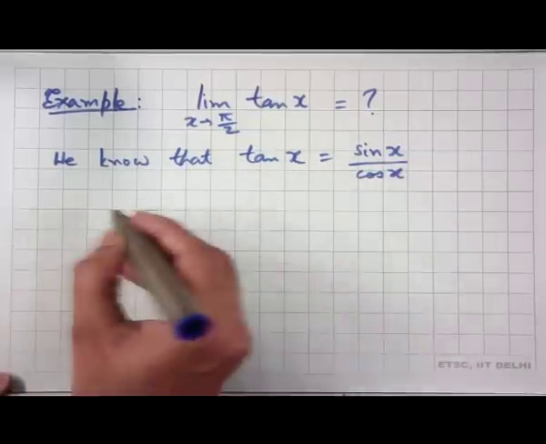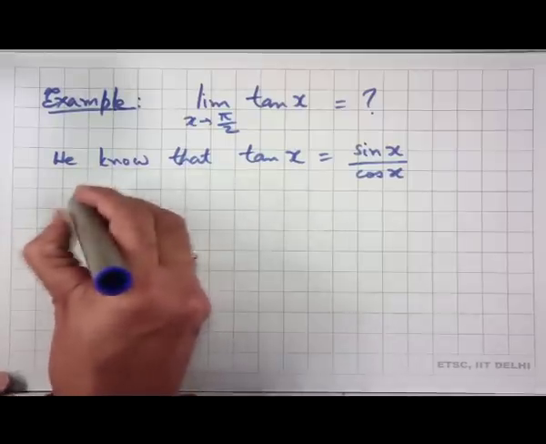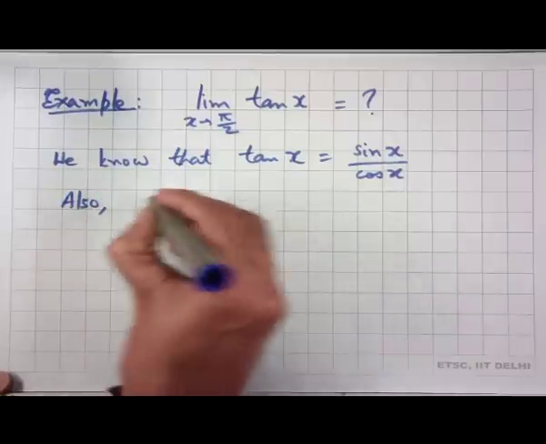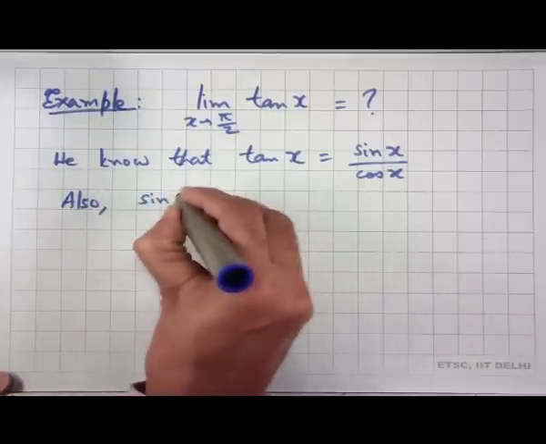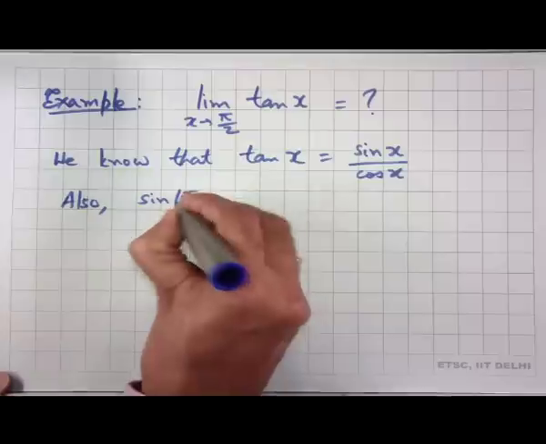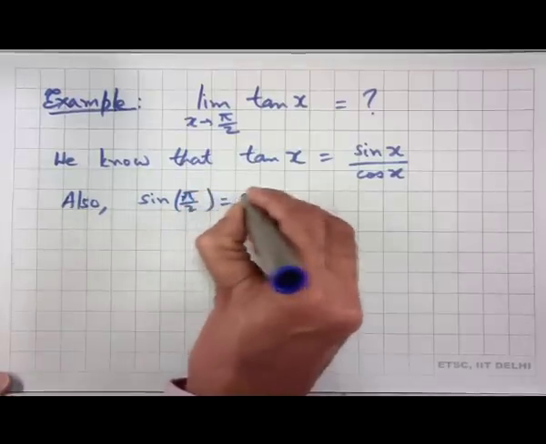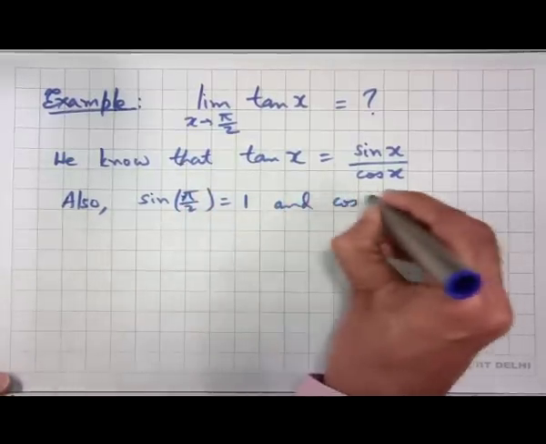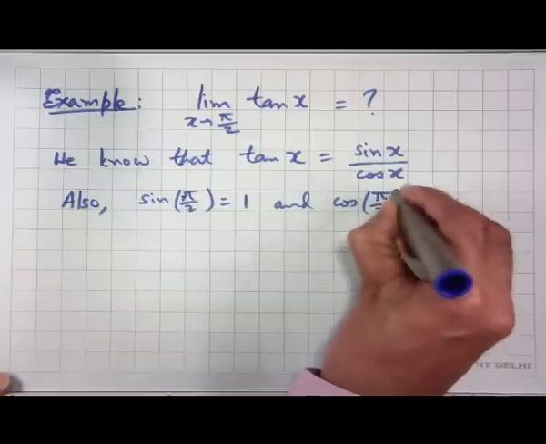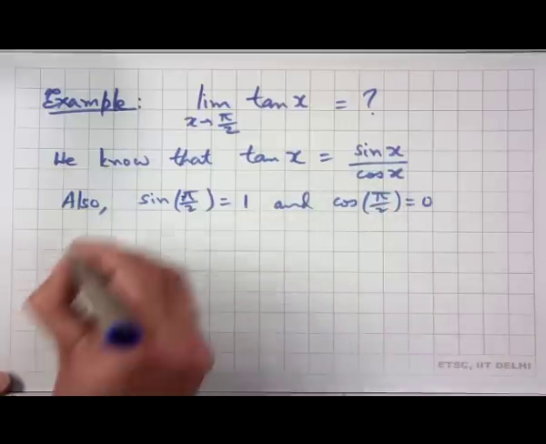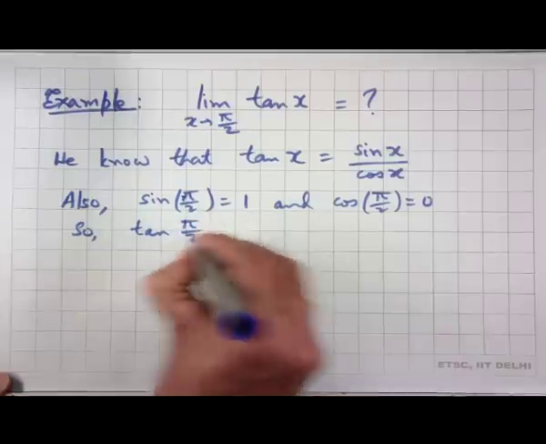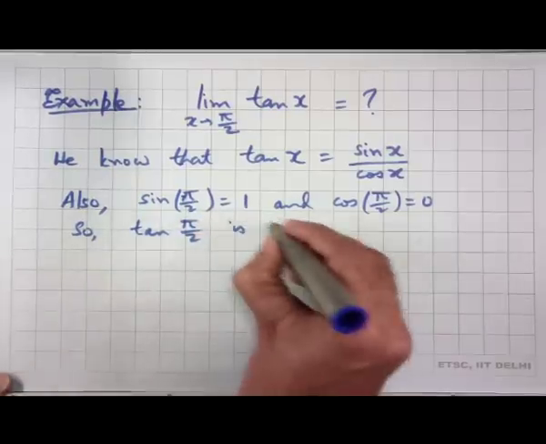Also sin of pi by 2 is equal to 1, and cos of pi by 2 is equal to 0. So, tan pi by 2 is undefined.